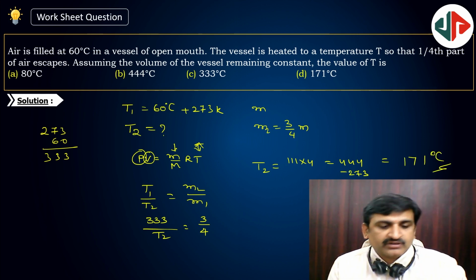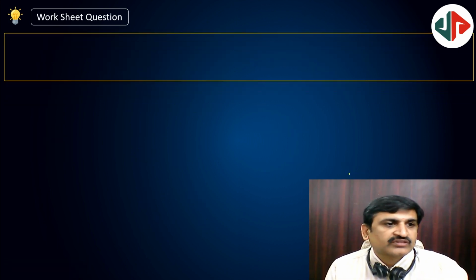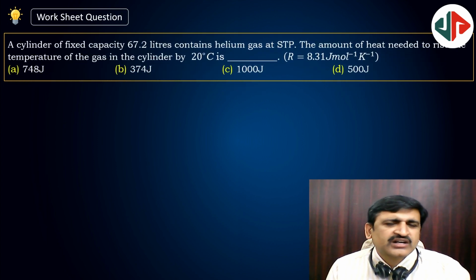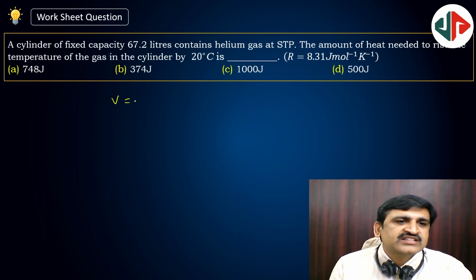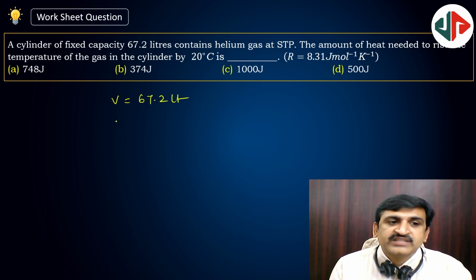D option. That problem is not easy. Why? Because the Kelvin conversion is there, mass left is there, so automatically the mass present you have to take.